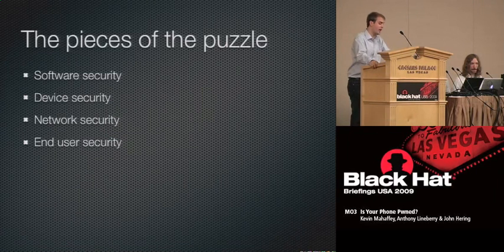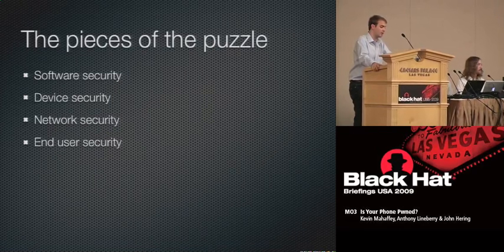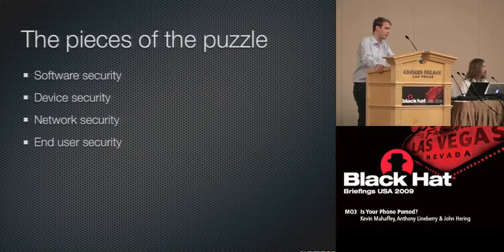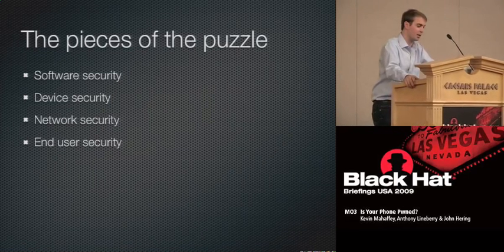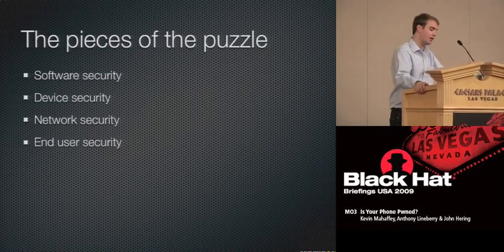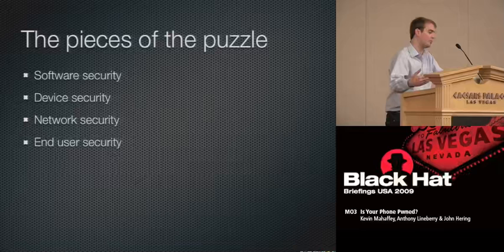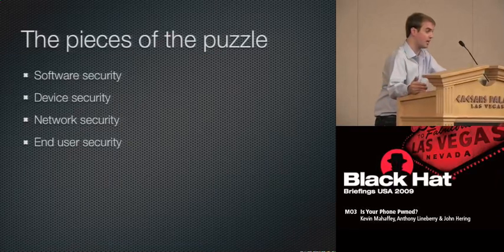Device security, actually securing the devices themselves. This is especially from the OEMs and operating system vendors, really important that they take into account testing and making sure that security is at the forefront of developing their devices. Network security. So we saw a couple of SMS-based issues. The networks, the operators rather, are going to be able to filter a lot of these attacks, which is great, but that's not a one-stop shop.